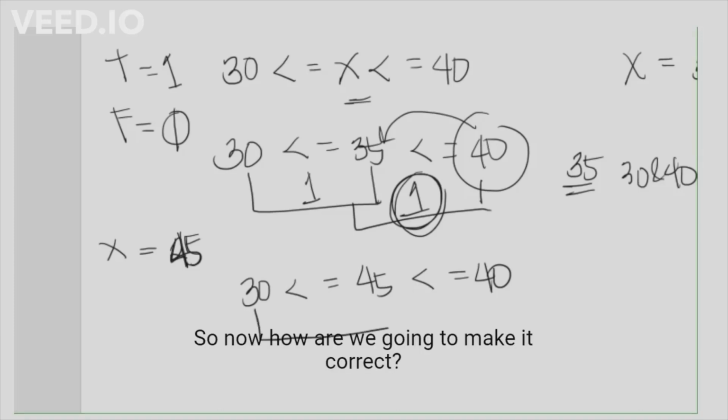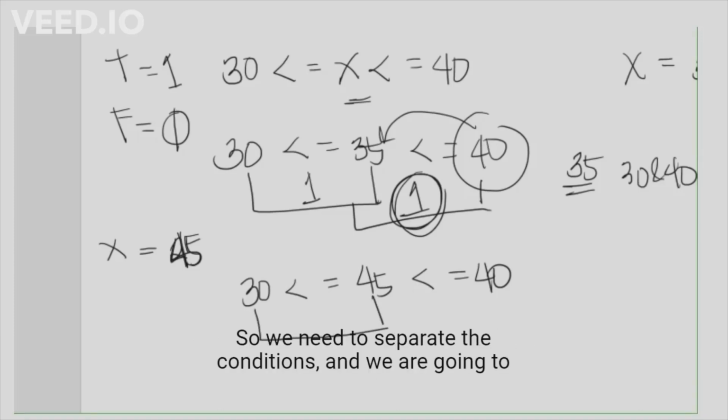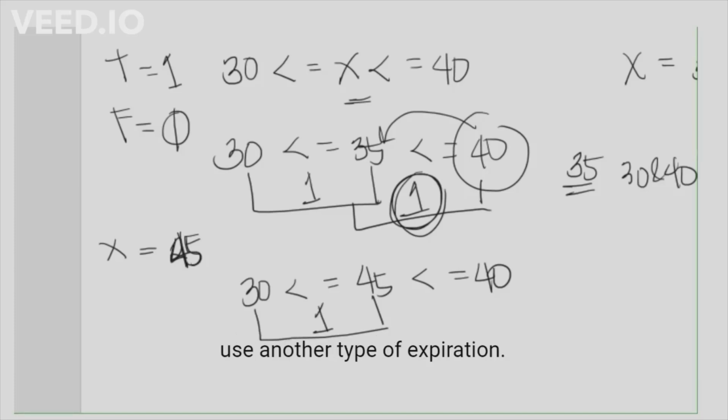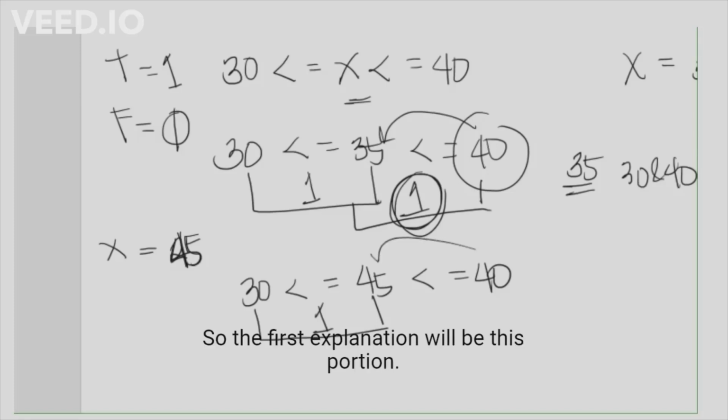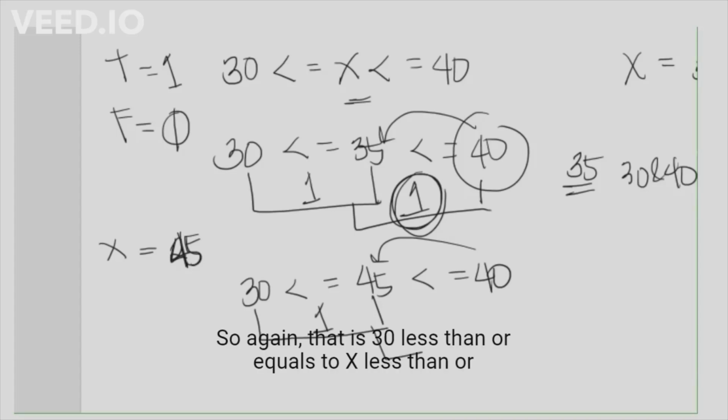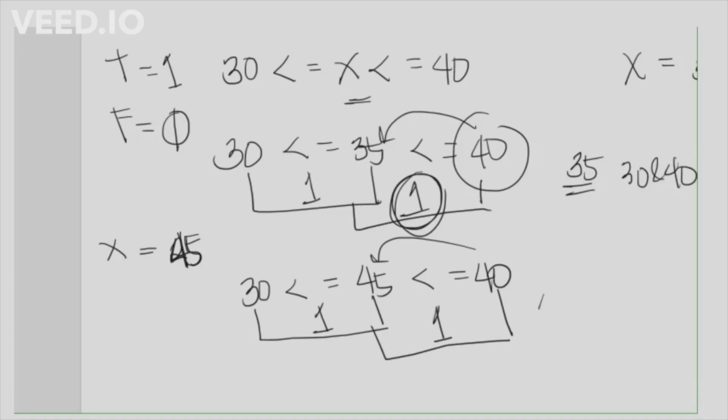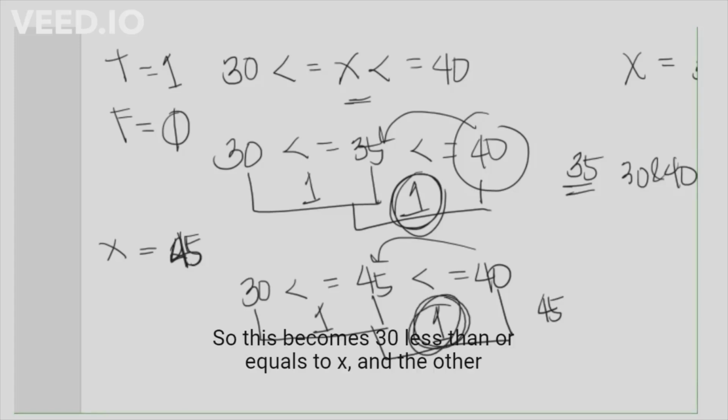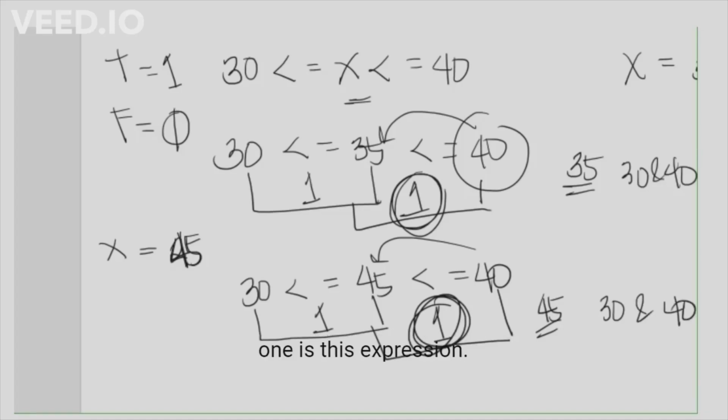So now, how are we going to make it correct? We need to separate the conditions, and we are going to use another type of expression. The first expression will be this portion: 30 less than or equal to x less than or equal to 40. So I need to do this. This becomes 30 less than or equal to x, and the other one is x less than or equal to 40.